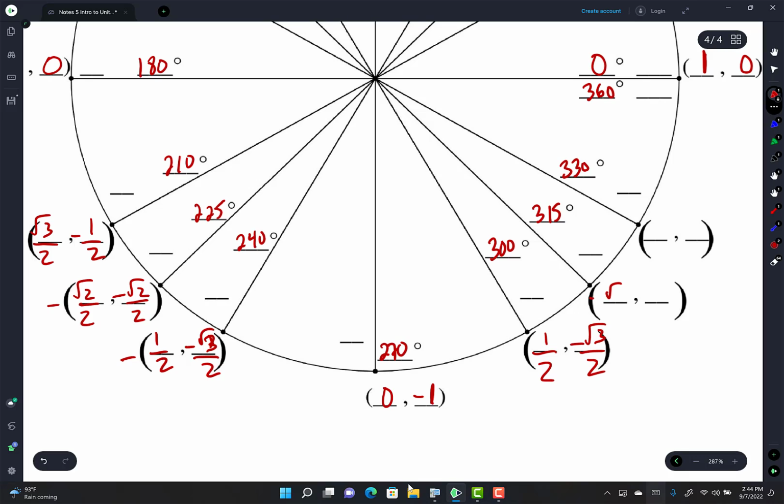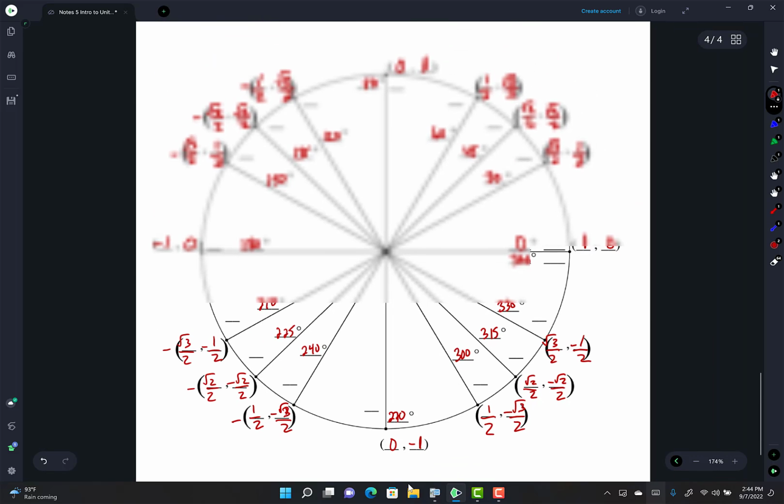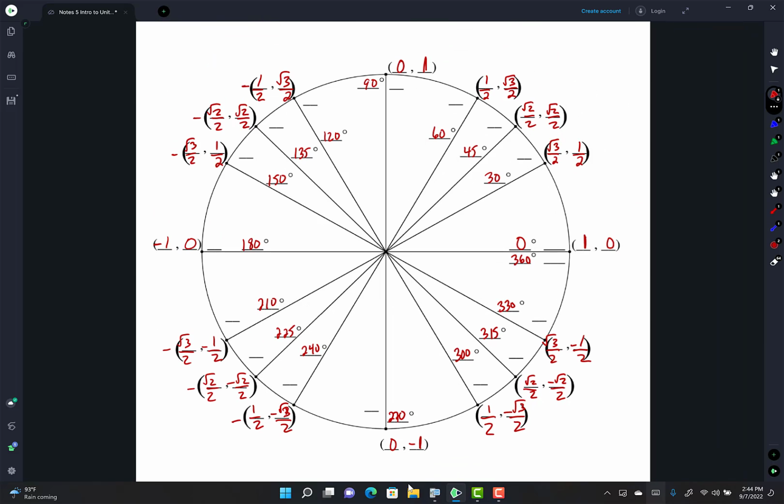Square root of 2 over 2, negative square root of 2 over 2, and then square root of 3 over 2, and then the negative half. So you should have something that looks like this now. How do we feel?